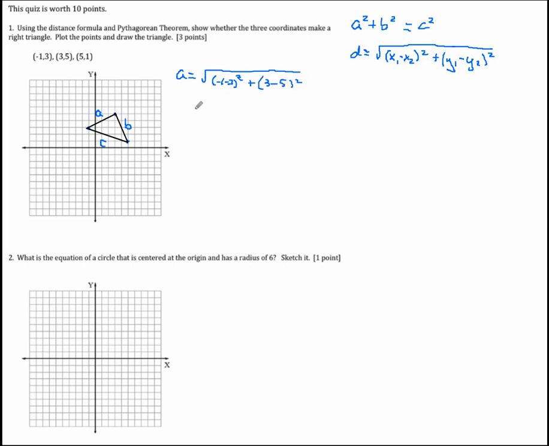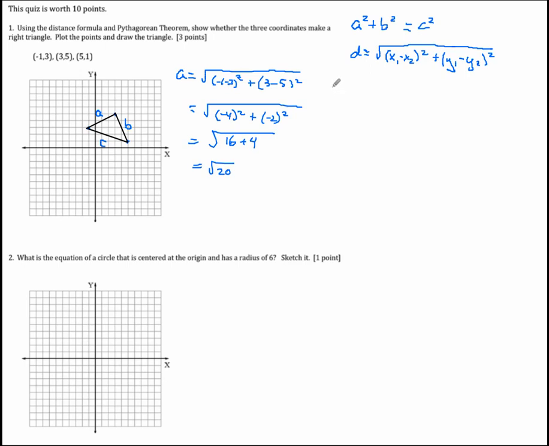So that would be -1 minus 3 squared, that's -4 squared, plus 3 minus 5, which is -2 squared. So this would be the square root of 16 plus 4, the square root of 20. That's the length of side A.